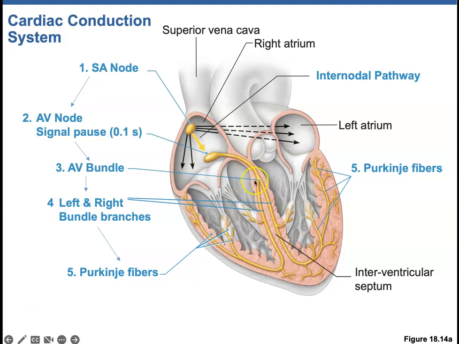And you'll note that as that signal is going down the septum, part of it has little branches going into these papillary muscles that allow these chordae tendineae, which are the little cords of the bicuspid and tricuspid valve, to stay tight so that when the ventricles contract, the blood doesn't regurgitate back up into the atria.